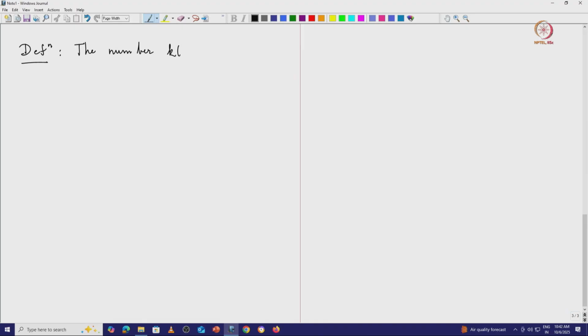So the number k of s is the signed curvature of gamma of s, of this curve gamma at the point gamma of s. Okay.